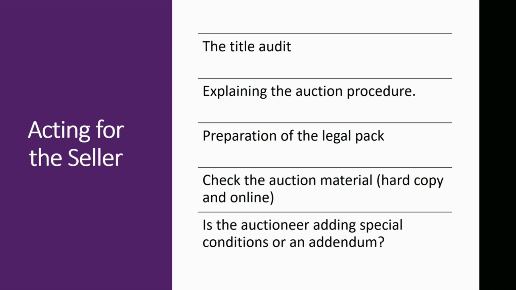Secondly, if the title is defective, are we obliged to disclose it? Now, traditionally, what I would say is that we're only obliged to disclose latent defects in title, as in a standard conveyancing transaction.